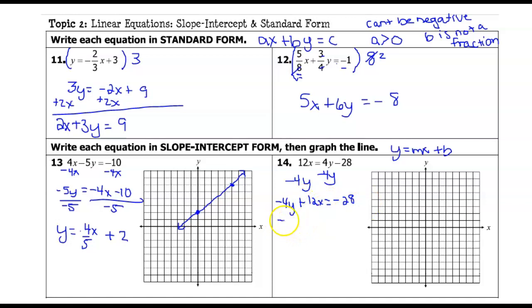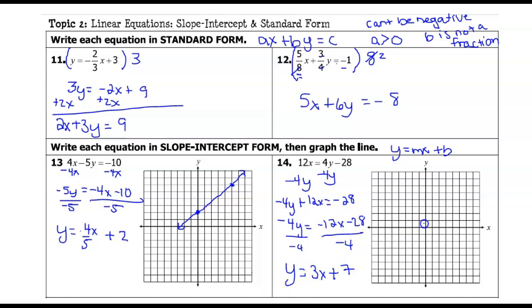Because I want to get y by itself. So I have -4y equals -12x minus 28. And then I want to divide all of this by -4. So I end up with y equals positive 3x plus 7.